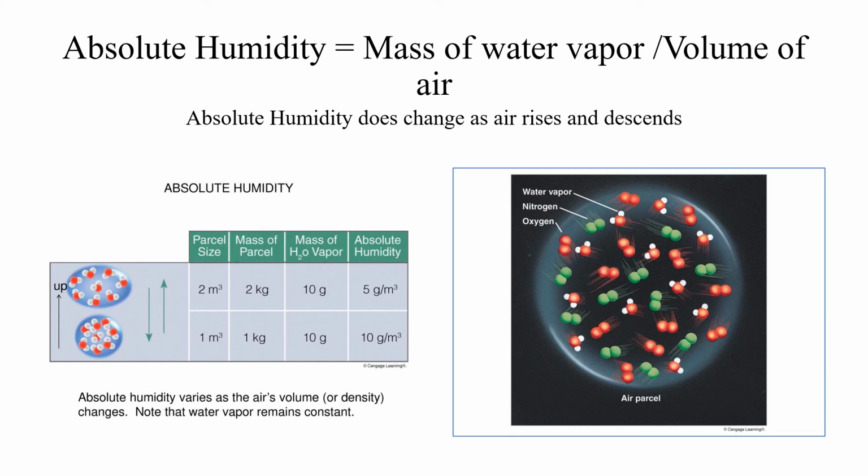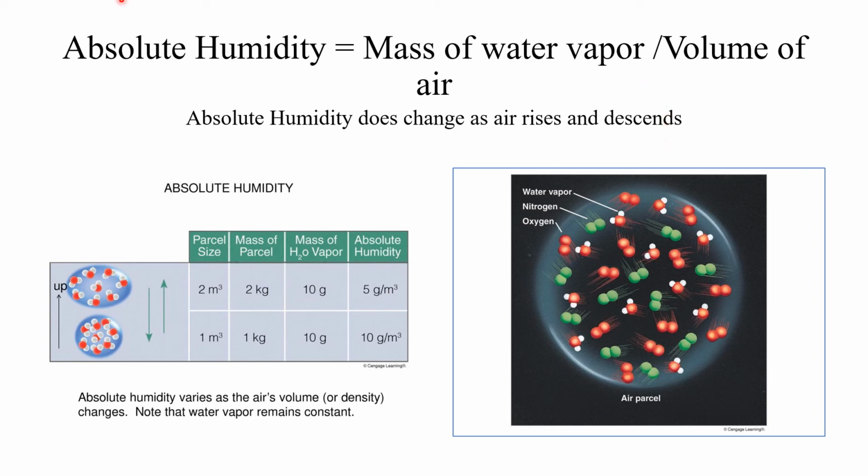So what does that actually mean? Since absolute humidity is related to the volume of the air, if air rises, the air volume increases. So that's why it says that absolute humidity does change as air rises and descends.